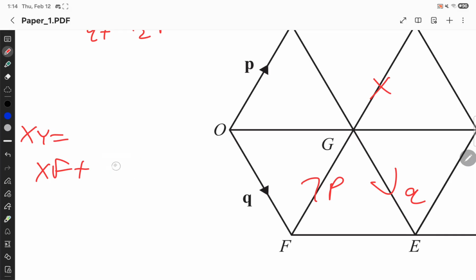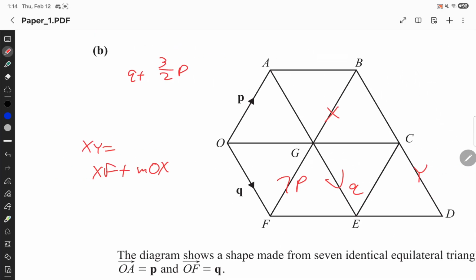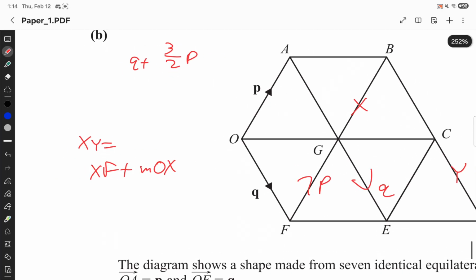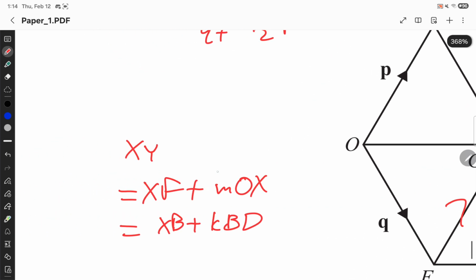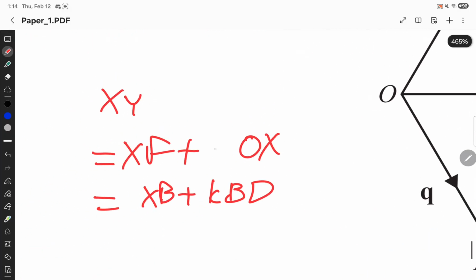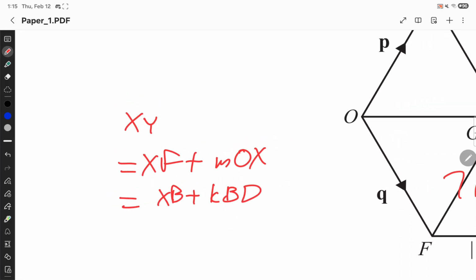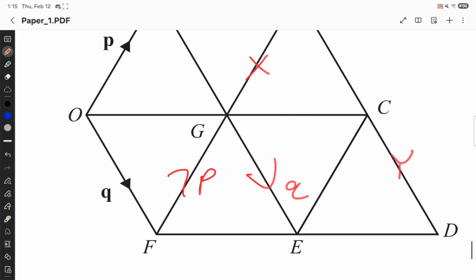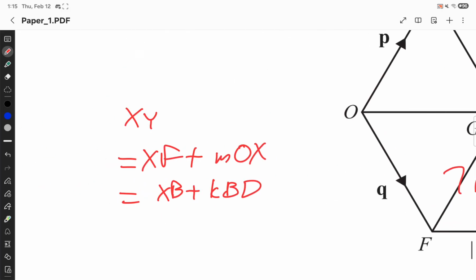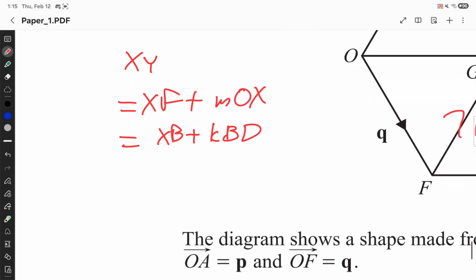And what was FY? FY was m OX, and XY is also equal to XB plus k BD. Now I will be general here and I will just use m, k. Since we are using x, y already as points, we will use m, k as our lone variables. To solve this you can use x, y, don't worry, that's the same thing.